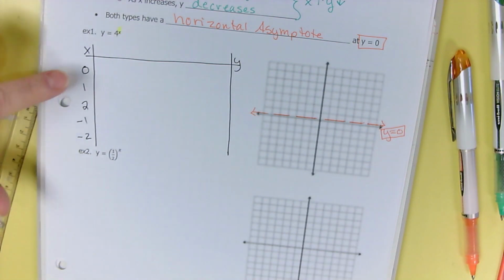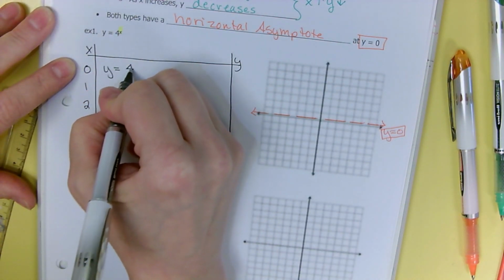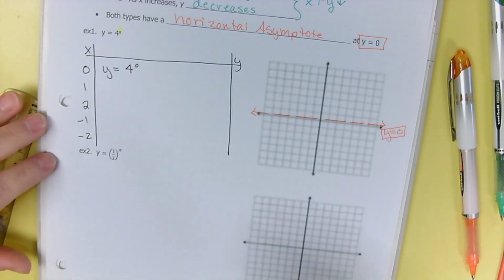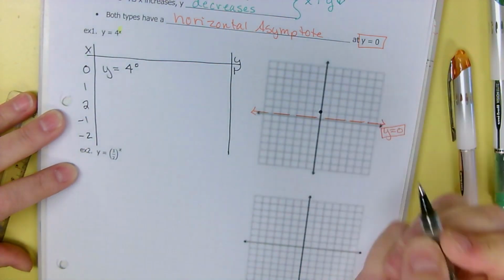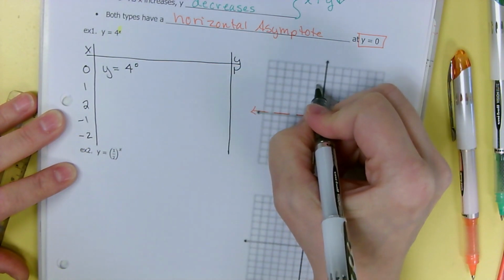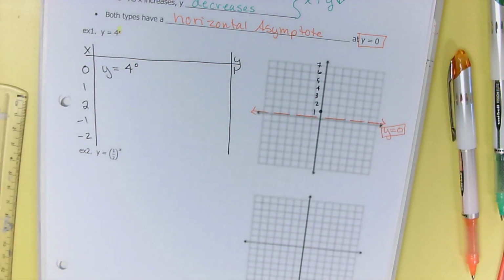Okay, let's start with the 0. Replace x with 0. So we get y equals 4 to the power of 0. Well, anything to the power of 0 is 1. So let's put a mark there. And on your graph, go ahead and label 1, 2, 3, 4, 5, 6, 7.